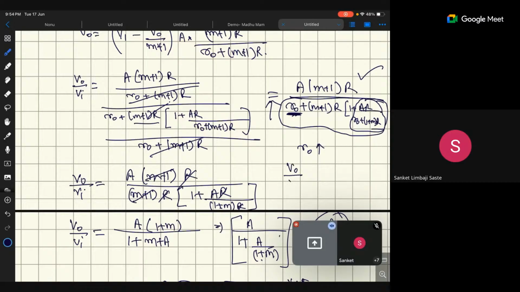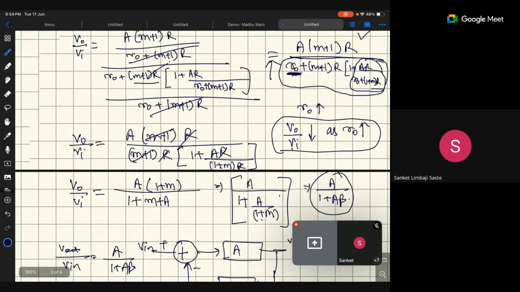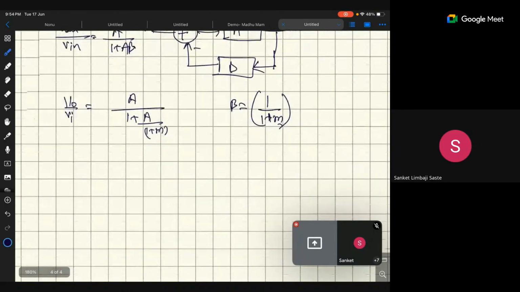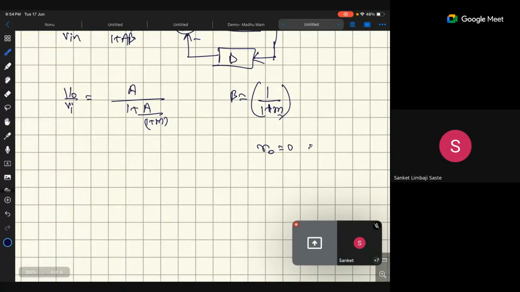So we can say V naught upon Vi decreases as R naught increases. If R naught is 0, V naught upon Vi is maximum, but that is not practically possible. So as R naught increases, V naught upon Vi reduces.